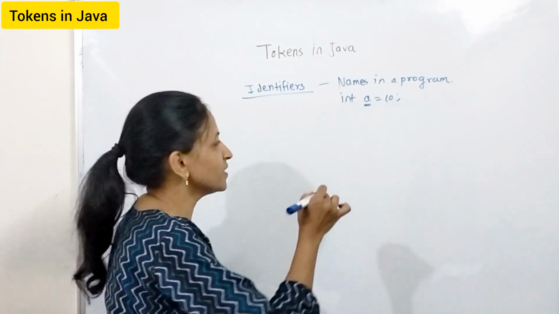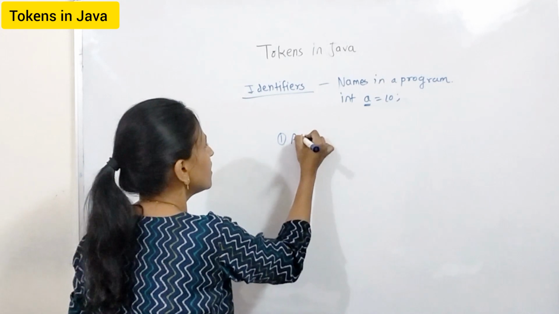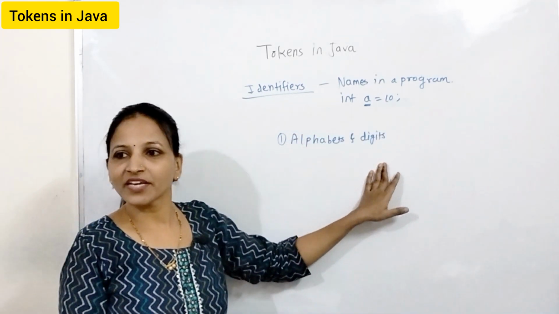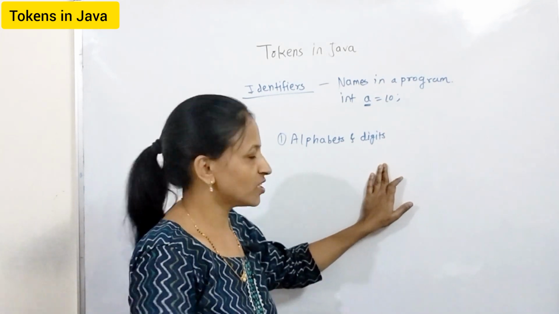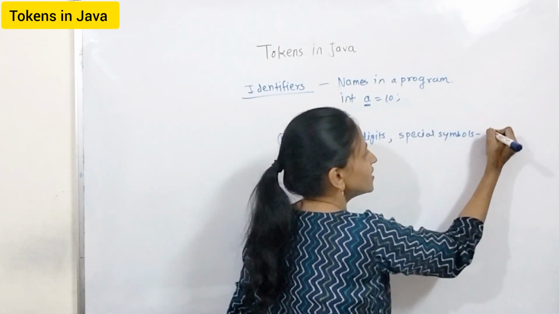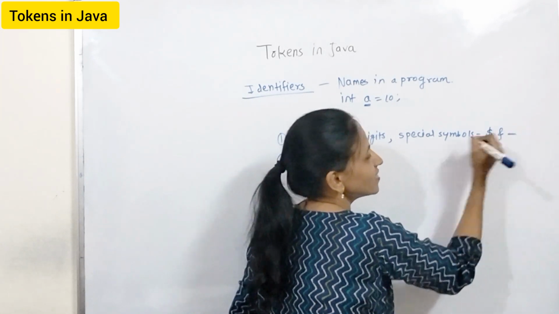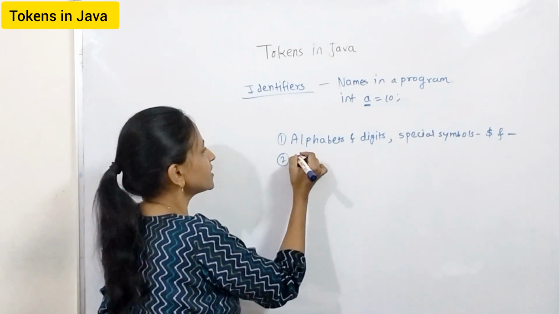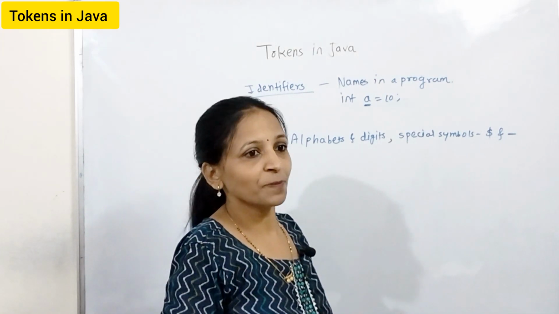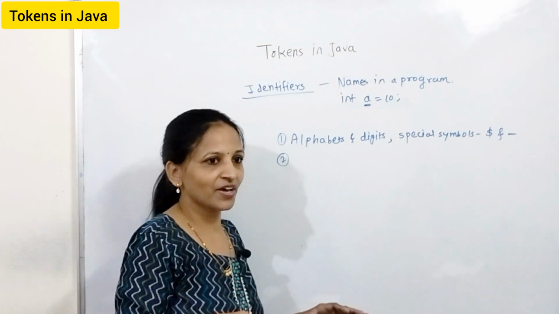Next, it may have alphanumeric characters. This is the first rule, means alphabets and digits both are allowed. An identifier may have alphanumeric characters, means it may have alphabets or digits. Only two special symbols are allowed, the first one is dollar and the second is underscore. Next, it may not have spaces, means we cannot give spaces in between an identifier name.